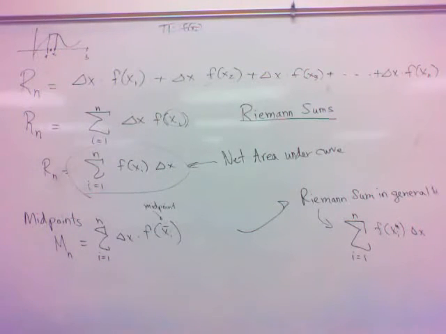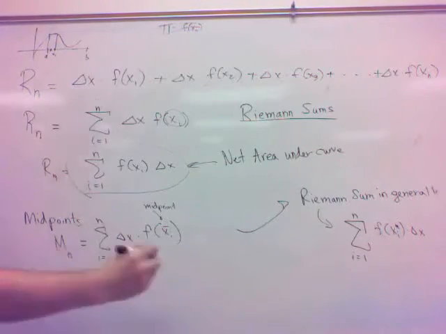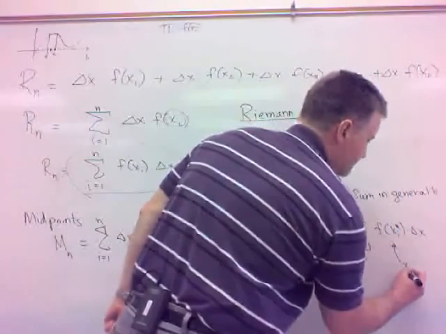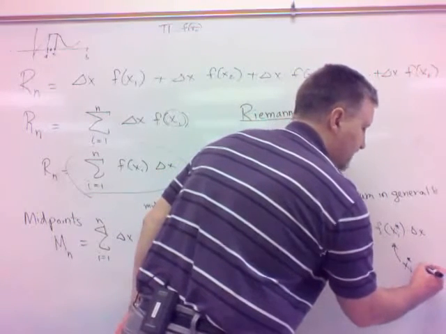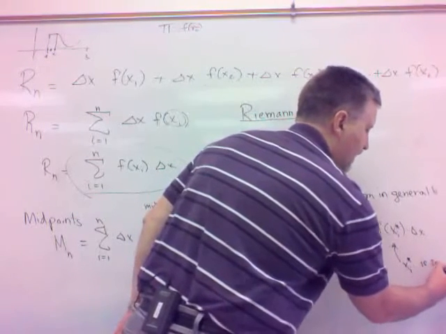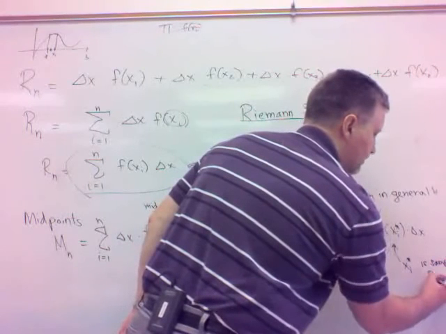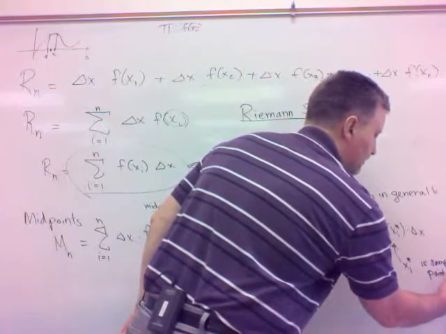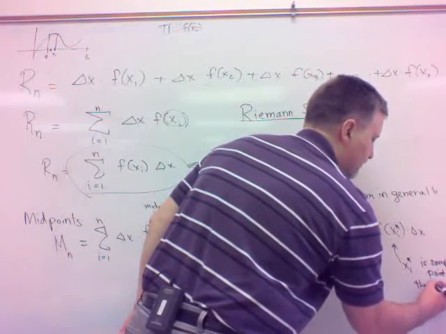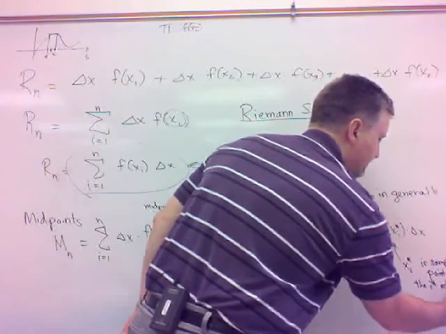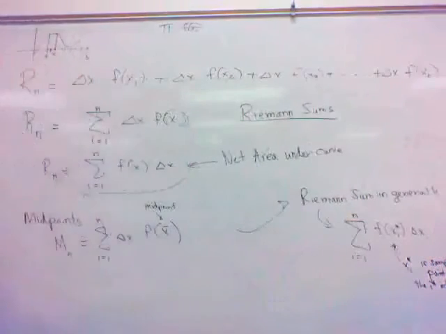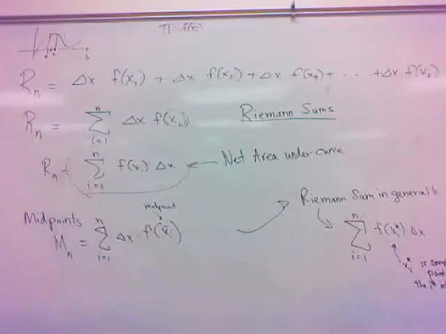But actually, if you found the first one, then you just add delta x for the rest of them, right? So it wouldn't be that bad. But anyway, x sub i star is just a general notation for a sample point in the ith interval. Okay?